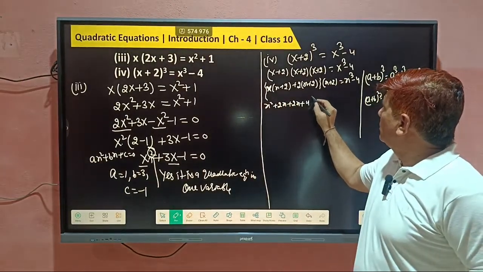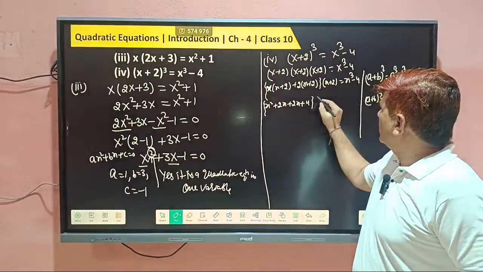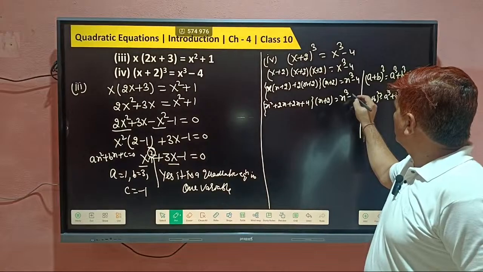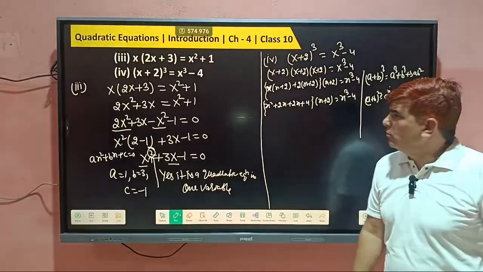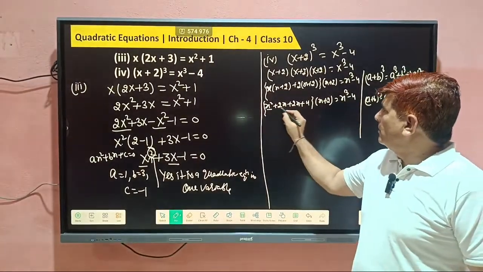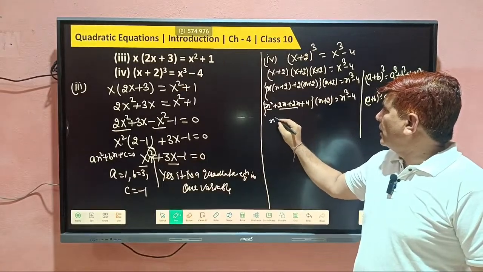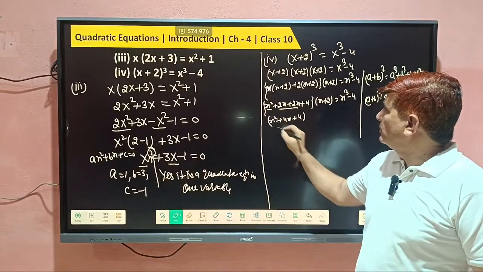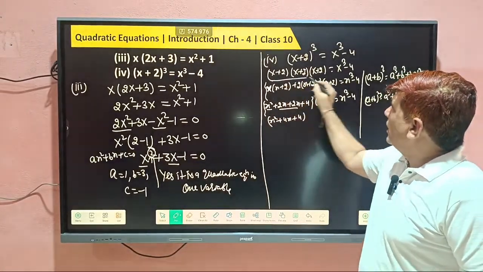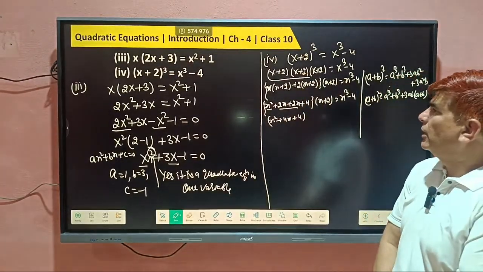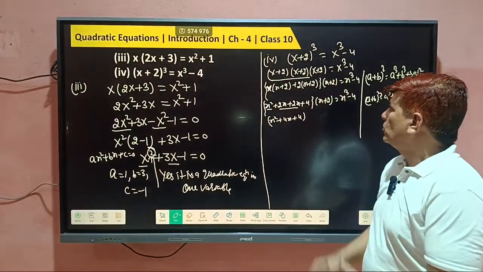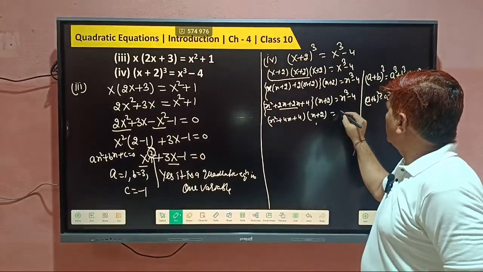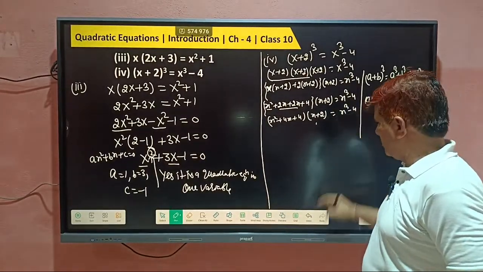By both methods I can tell you. So it becomes x square plus 4x plus 4. Directly you can apply a plus b whole square equal to a square plus b square plus 2ab.